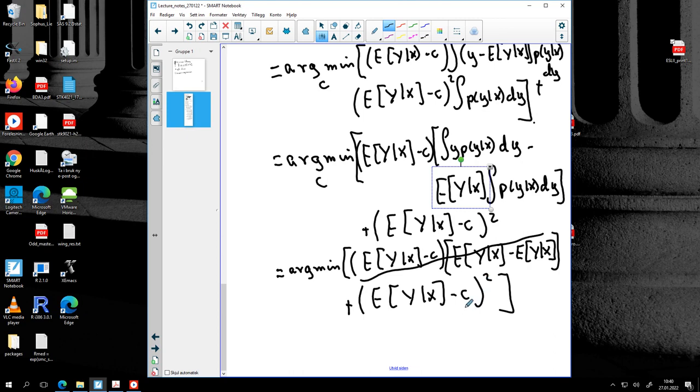But we can actually make it equal to 0 by choosing c to be the expectation of y given x. So the actual optimal value is the expectation of y given x. That's the best value that we can actually choose.